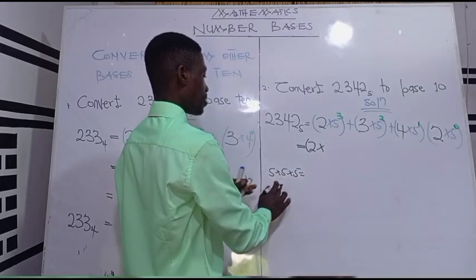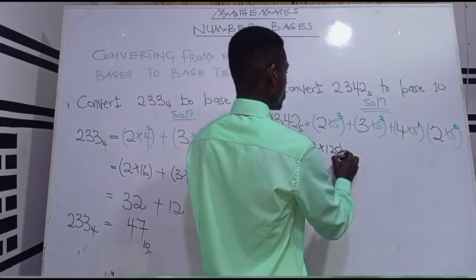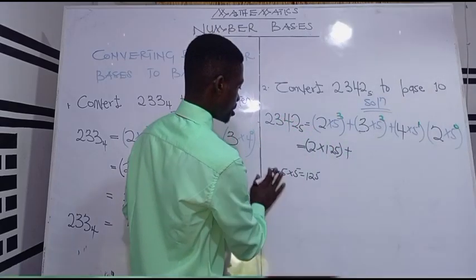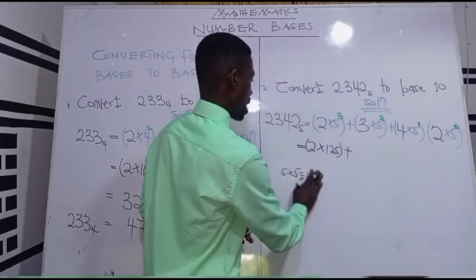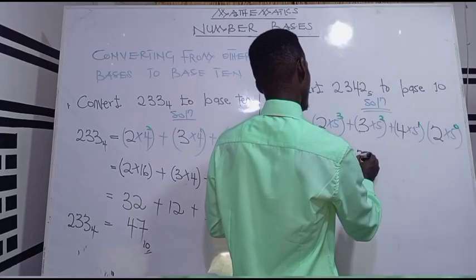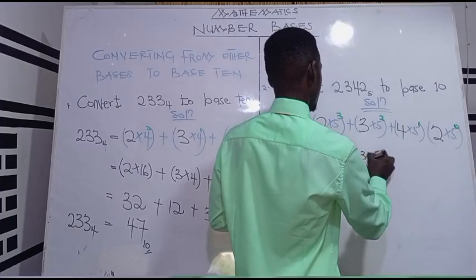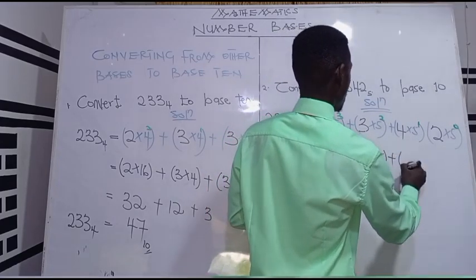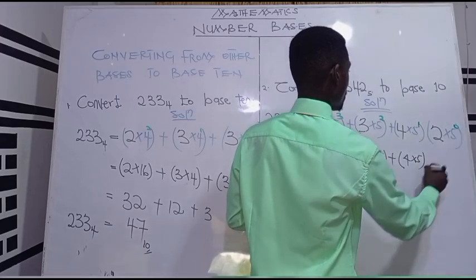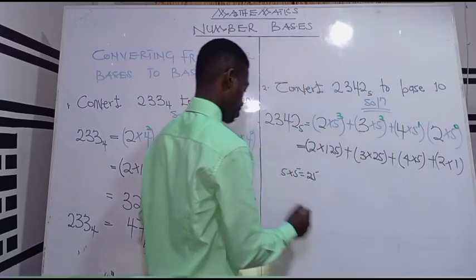So we have 5, 5 times 5 is 25, 25 times 5 is 125. Then 3 times 5 squared, which means 5 times itself 2 times. So 5 times 5 will give us 25. Then we have 3 times 25 plus 4 times 5, and then 2 times 5 raised to the power 0 is 1.